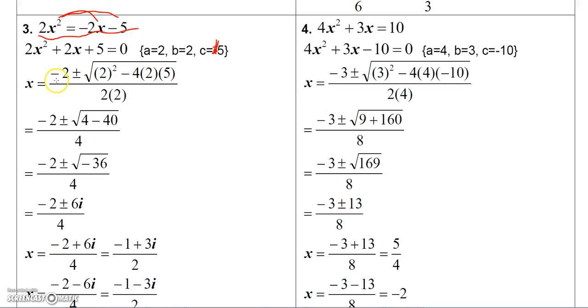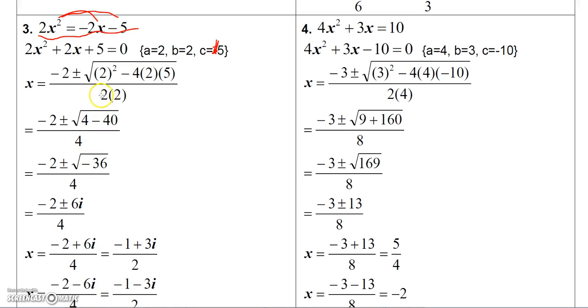So anyway, c is just positive 5. So now let's do the formula. So we get minus b, so that'd be minus 2, plus or minus the square root of b squared, so 2 squared minus 4 times a, which is 2, times c, which is 5. So here that's going to be 4 minus 40 in the radical.